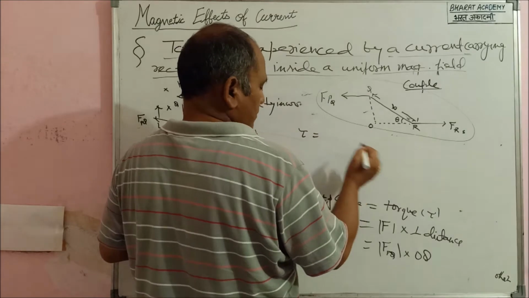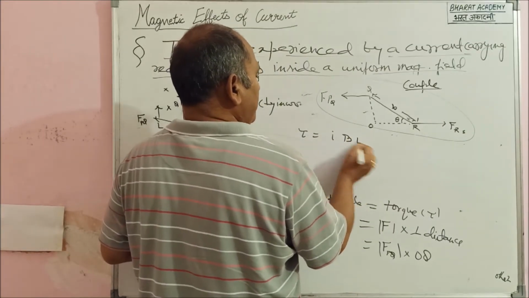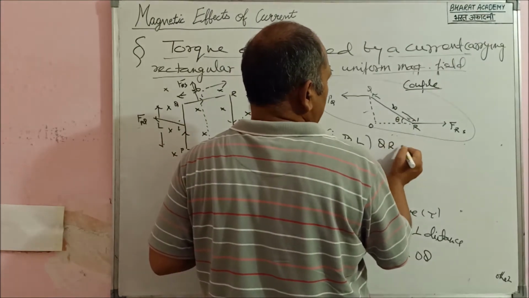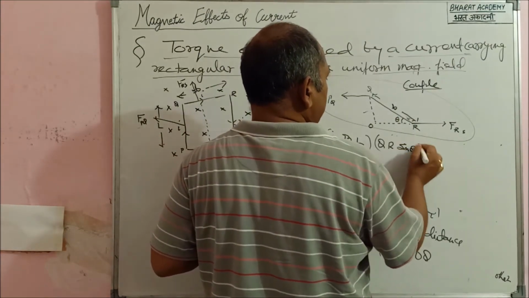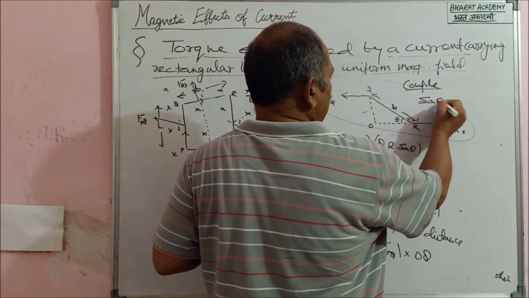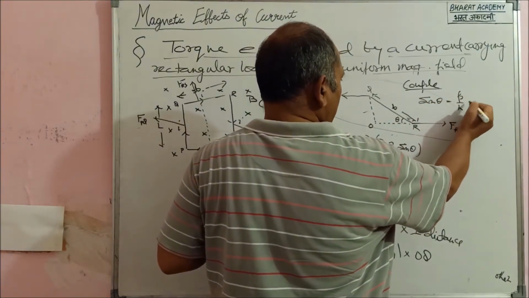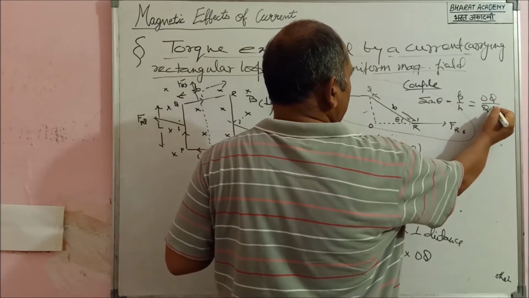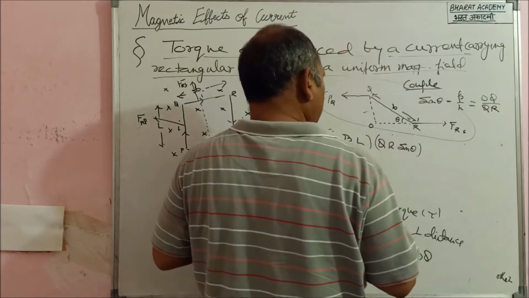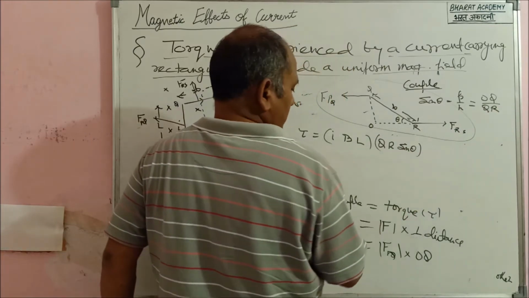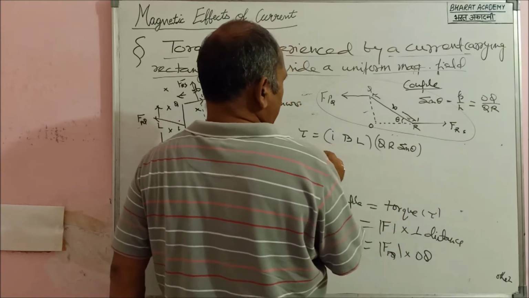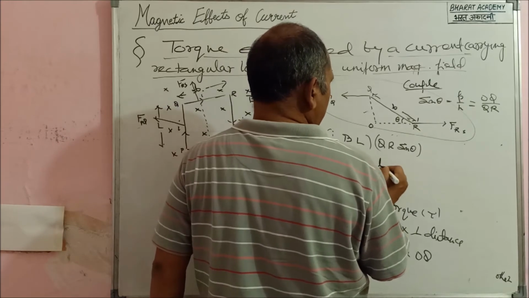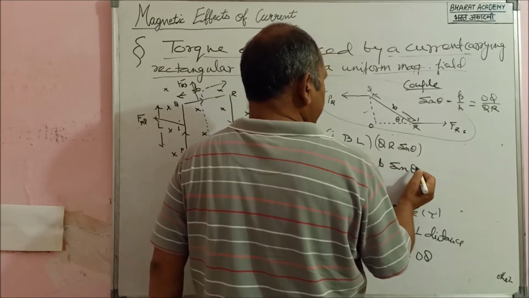So tau comes out to be F, which is I B L, times OQ, which is QR sin theta. Use it here itself. Sine theta is perpendicular over hypotenuse. Perpendicular is OQ and hypotenuse is QR, right? And this comes out to be I B L, and QR sin theta is nothing but B sin theta, right?